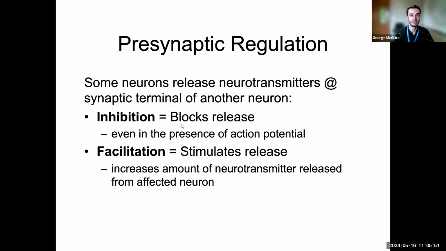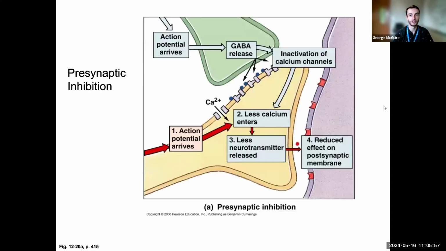So you could inhibit the release of neurotransmitters from that next neuron, or they could facilitate and stimulate the release of those neurotransmitters. So here we have a synaptic knob of a presynaptic regulator, and then the synaptic knob of the one being regulated, right? So this one is sending signals that are going to have an effect on the release of neurotransmitters from this other neuron.